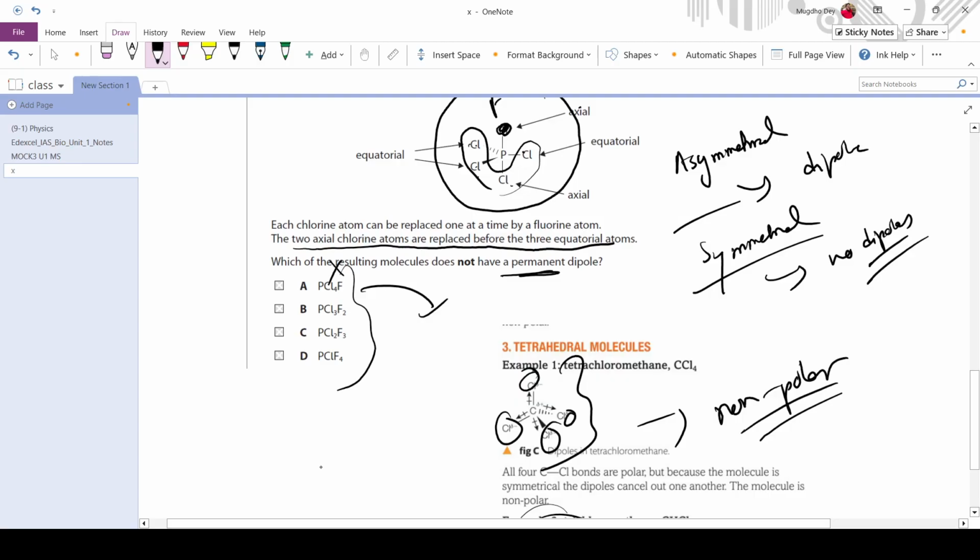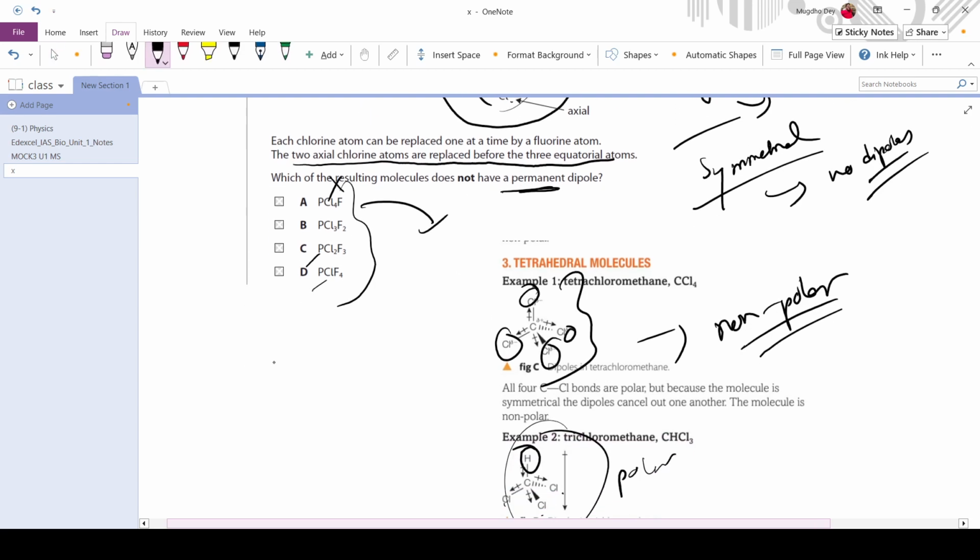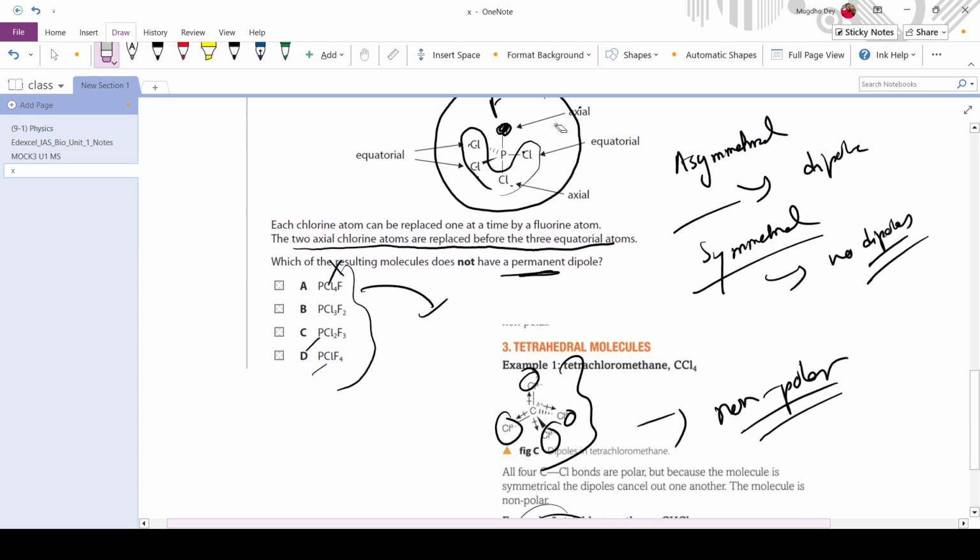Let's check out C and D. If we see PCl2F3, at first one is removed from here, then another one is removed, and from the equatorial, any one of them will be removed.